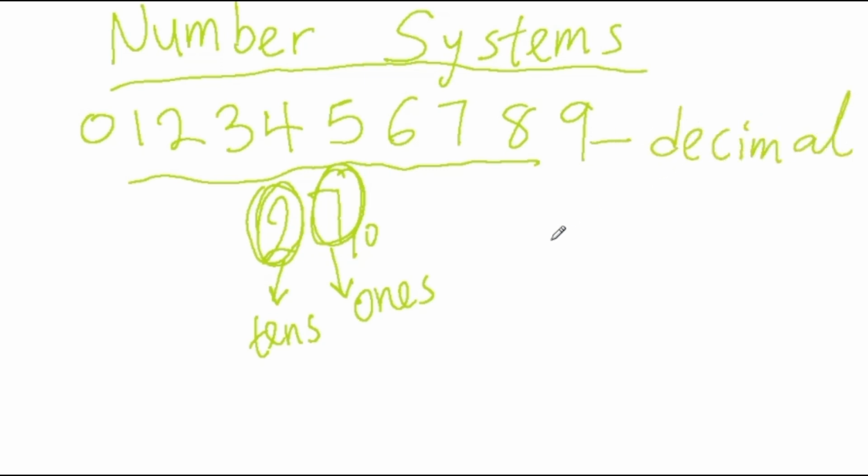Okay, so if you want to go above a number here, and mind you, these numbers represent magnitude as well. So in the decimal number system, 0 has a lower magnitude than 1, and 1 has a lower magnitude than 2. So this is increasing magnitude.